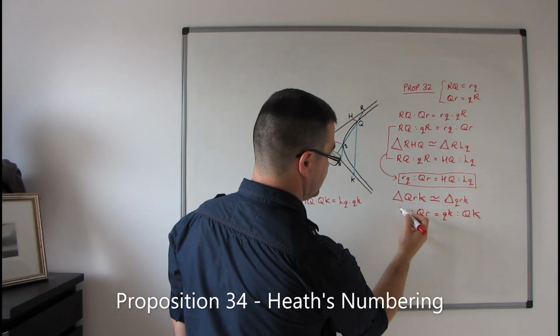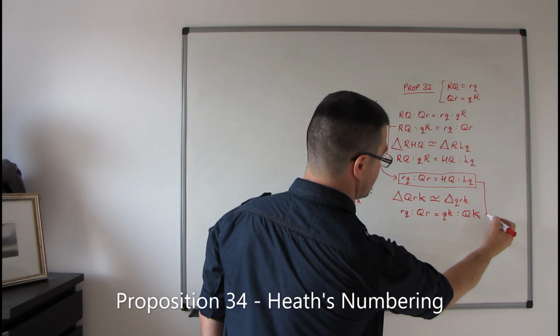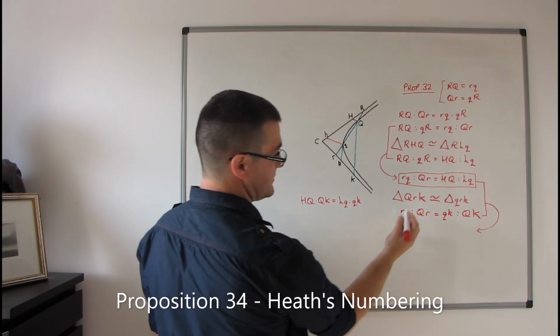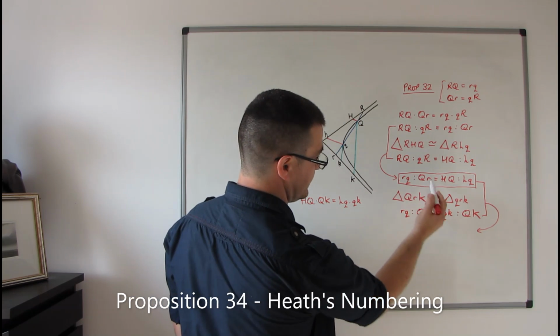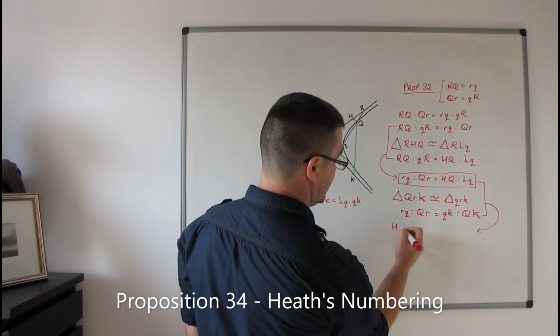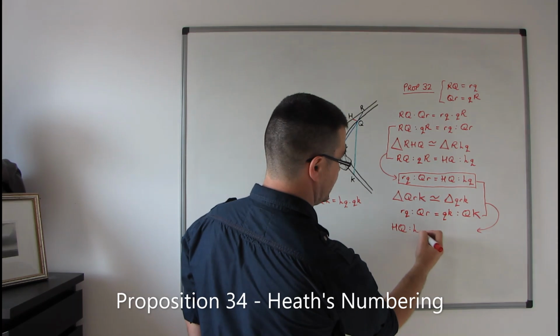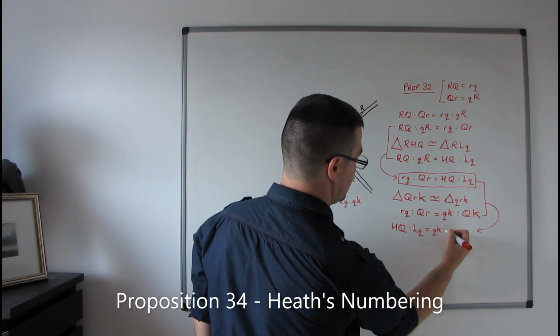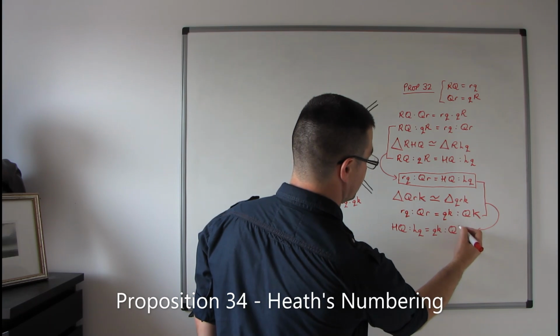And again, using now these two results, it follows that, because these two are the same, we get that HQ ratio HQ is equal to QK ratio QK.